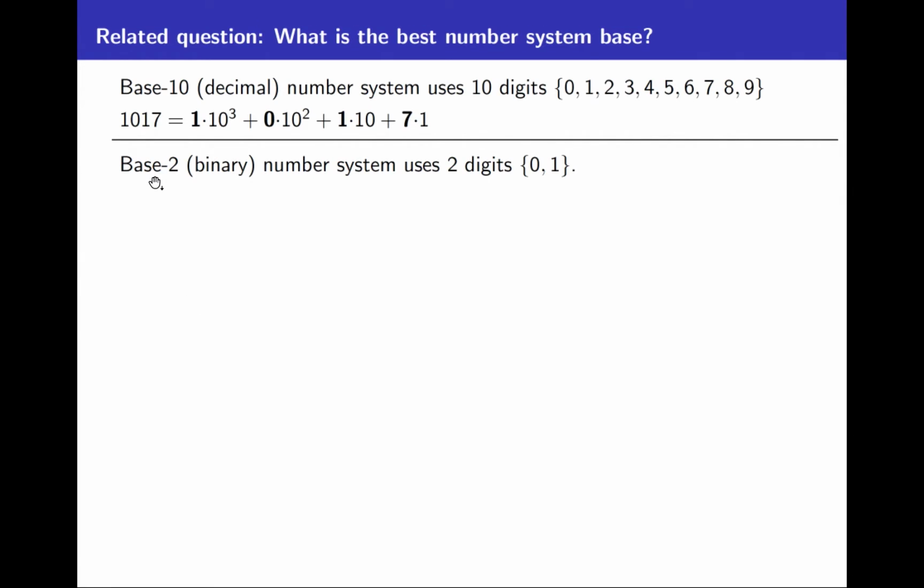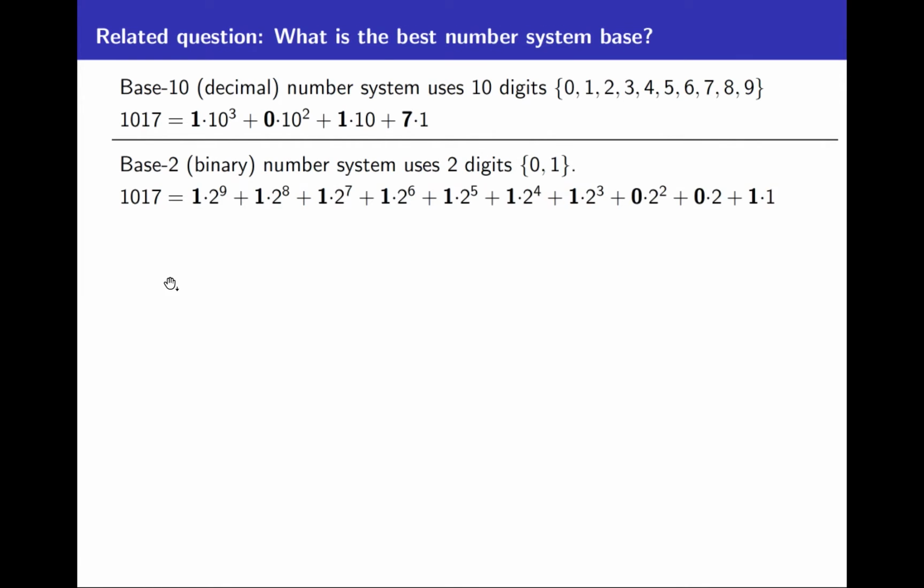You're probably familiar with the base 2, or binary number system, which uses 2 digits, 0 and 1. As an illustration, consider this number 1017 and what its binary representation would be.